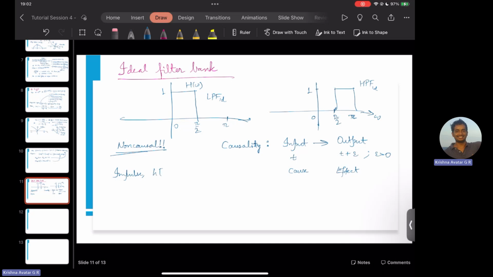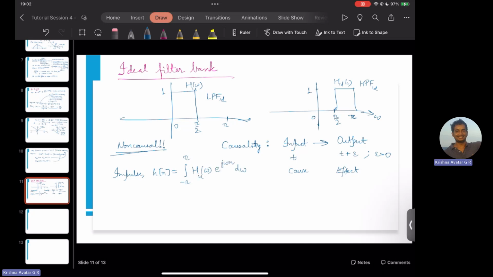So we'll have h of n. This is going to be given by the integral from minus pi to pi of H ideal of omega, which is what we want as the ideal, times e to the power j omega n d omega.